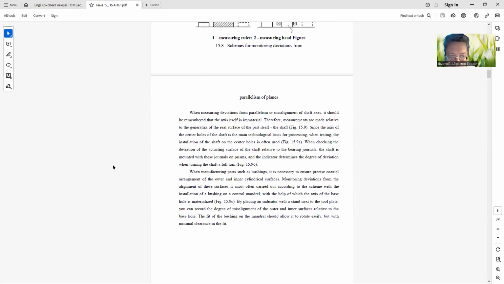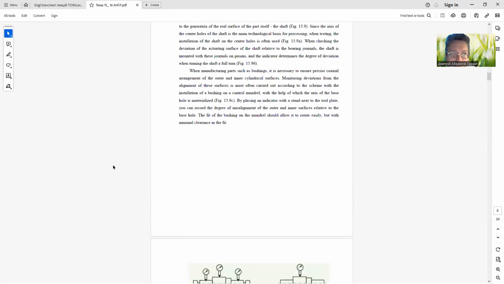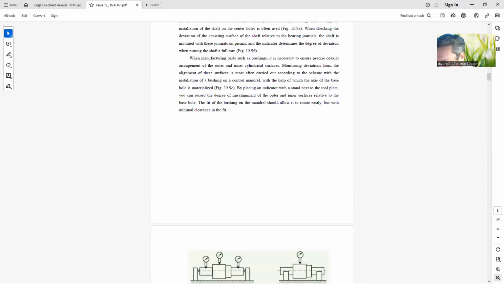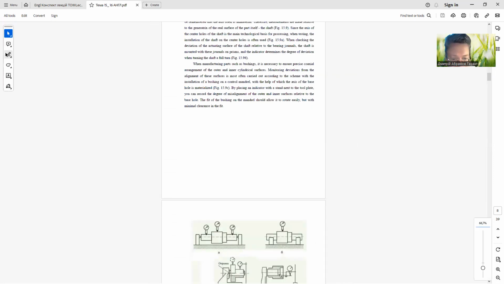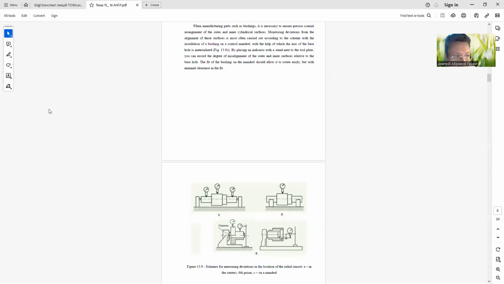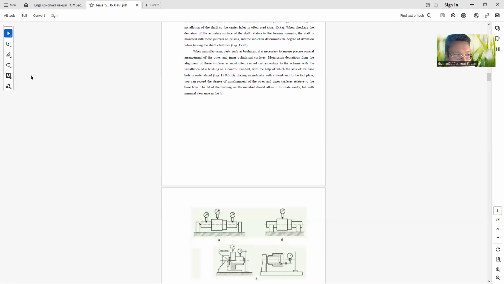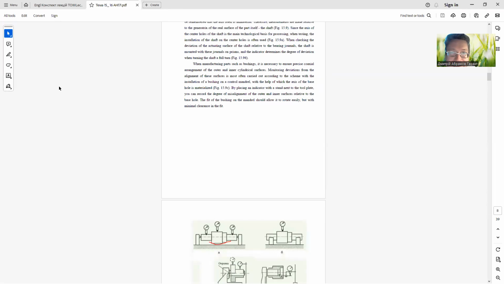Here is the axis of the center holes. Figure 15.9a. Since the axis of the center holes of the shaft is the main technological basis for processing, when testing, the installation of the shaft on the center holes is often used.